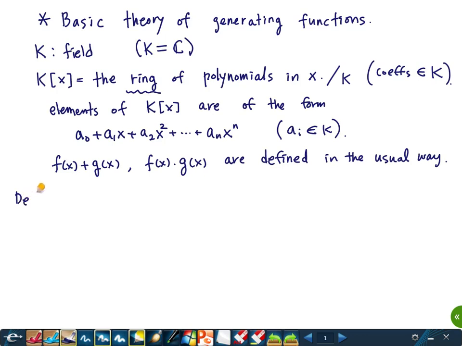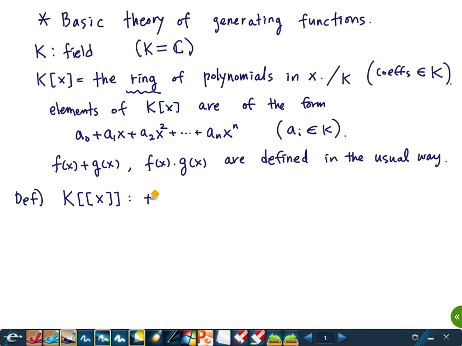Now the main object in today's lecture, or the first lecture, is this K with two brackets like this, and this is going to be another object which is bigger than this.